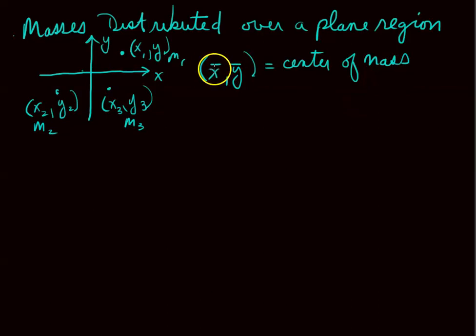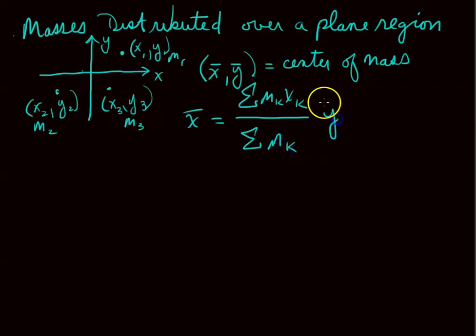x bar is the center of mass for the x-coordinate, and you've got to take all these x's into consideration. Once again, each of these can be thought of as a line, and you can work those out the same way. So you get the same formula. x bar is the summation of m sub k x sub k over the summation of all those masses, m sub k.